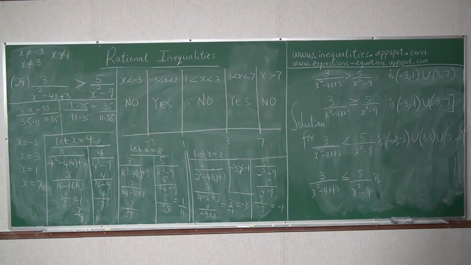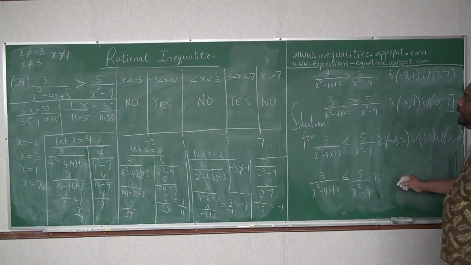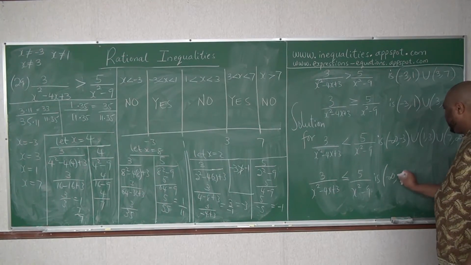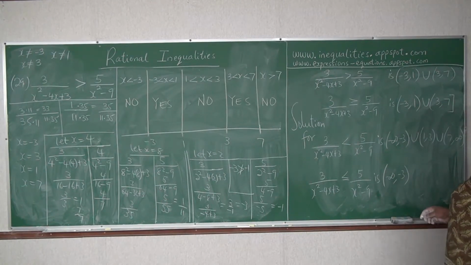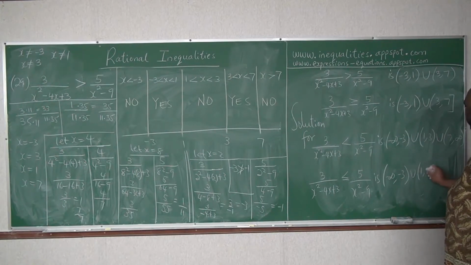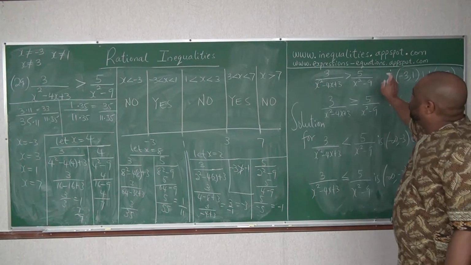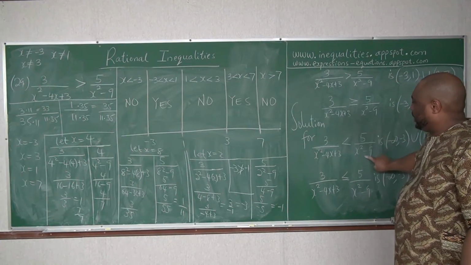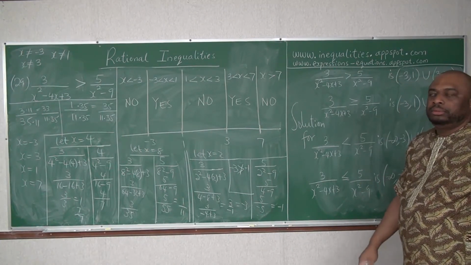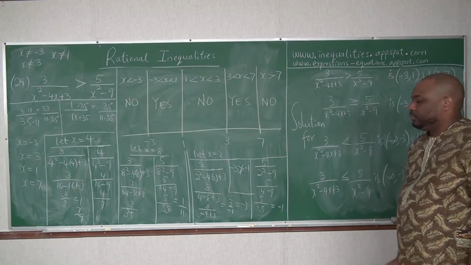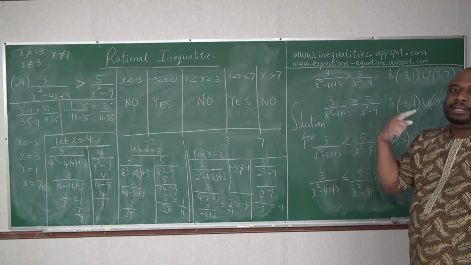And then less than or equal to would be from negative infinity to negative 3, union 1 to 3, union bracket 7, because 7 can be in the domain, 7 to infinity. And that's it. So we have done 29, 30, 31, 32. So the next one will be 33.